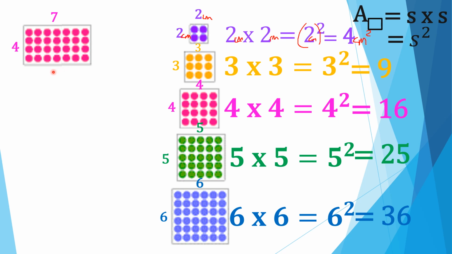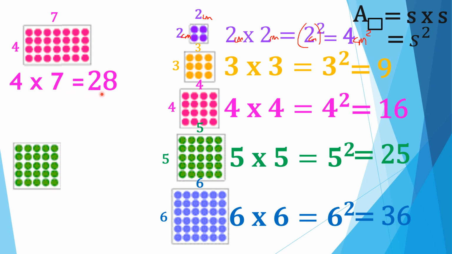A rectangle is a quadrilateral with opposite sides that are congruent. They have the same length and the same width. In getting the area of a rectangle, we are going to multiply the width by its length. So 4 times 7. 4 times 7 is equal to 28.